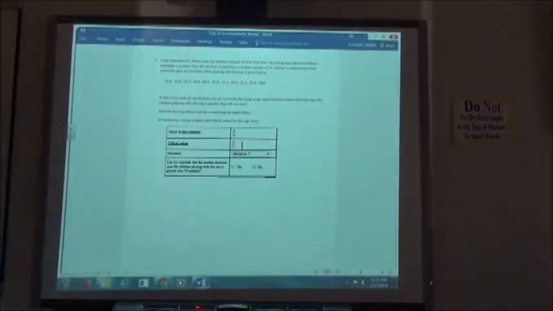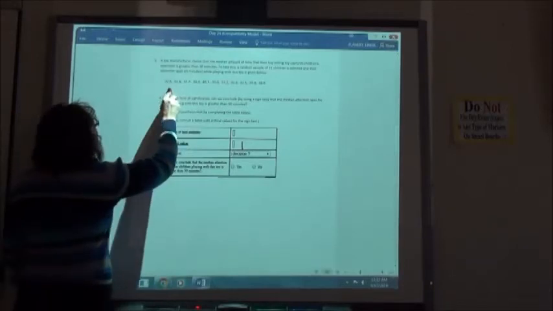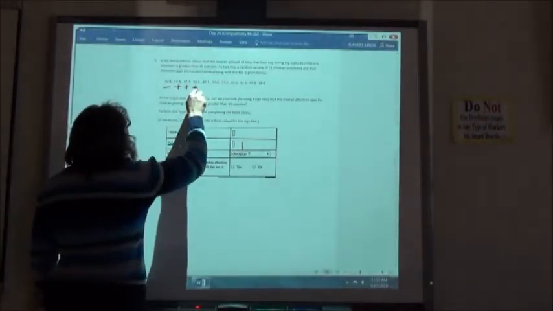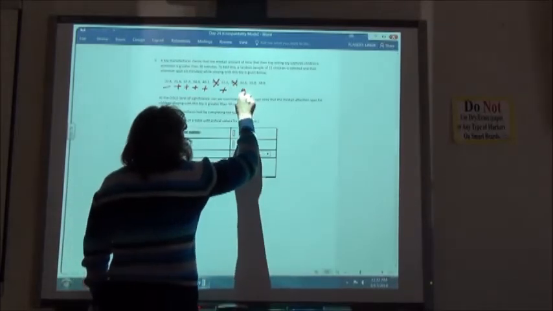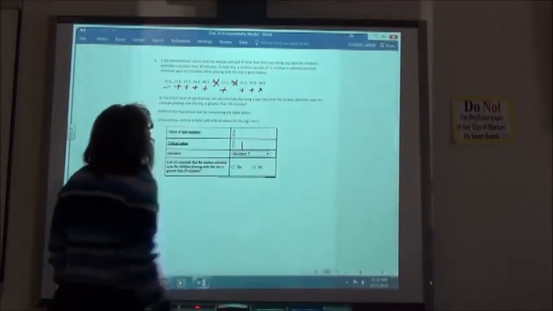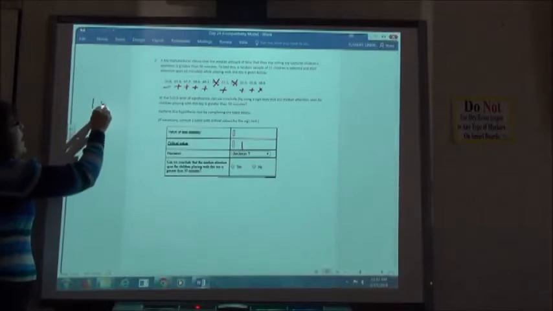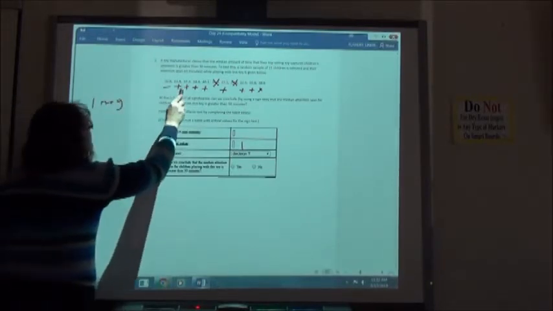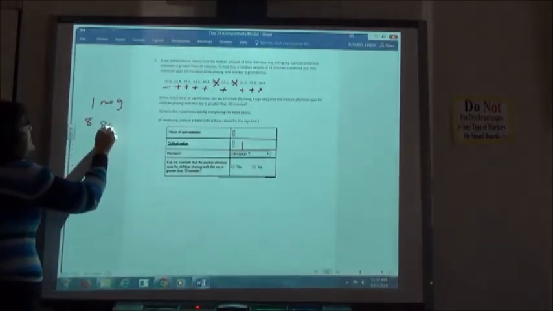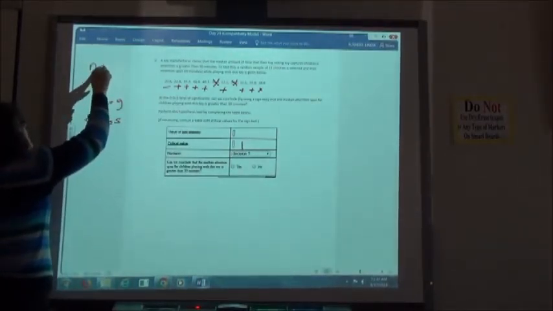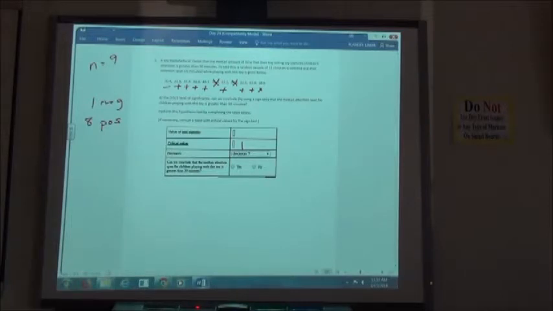The value of our test statistic. So again, this one was less than 30, more, exactly, more. We have one negative, and 1, 2, 3, 4, 5, 6, 7, 8 positive. That was our n equals 9, how we got our numbers.